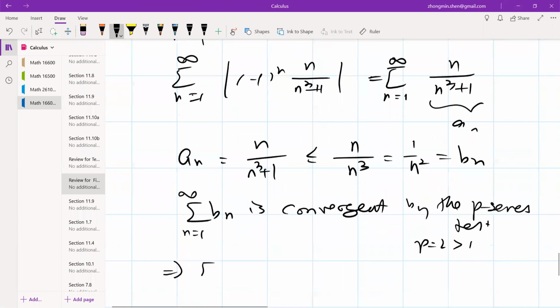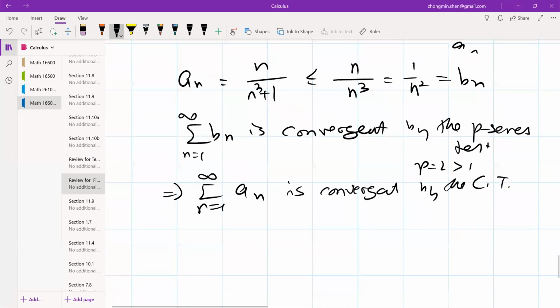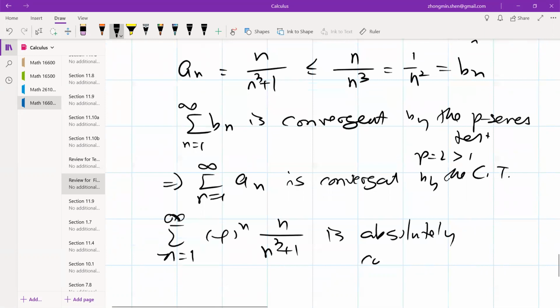So then you can conclude that an is convergent by the comparison test. Then the series is absolutely convergent. Of course, it's convergent by the theorem, right?